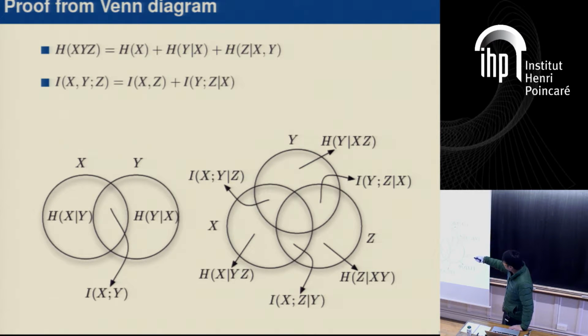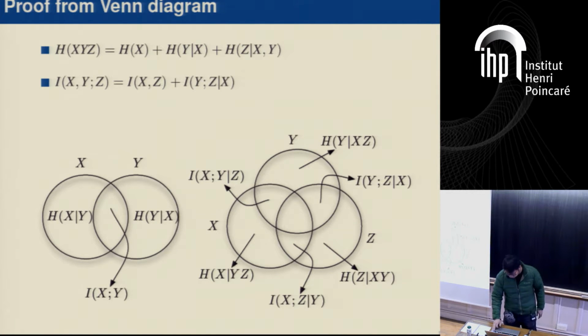These two parts correspond to the intersection between X and Z, so this is I(X;Z) by itself. And then I still need to add this term, and as already seen in the figure, this term corresponds to I(Y;Z | X).